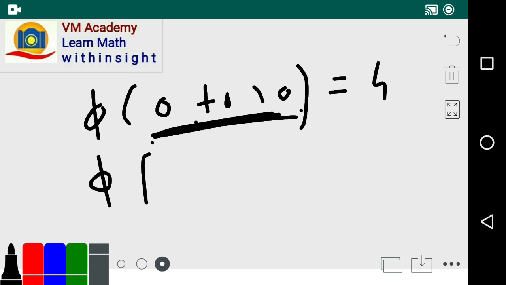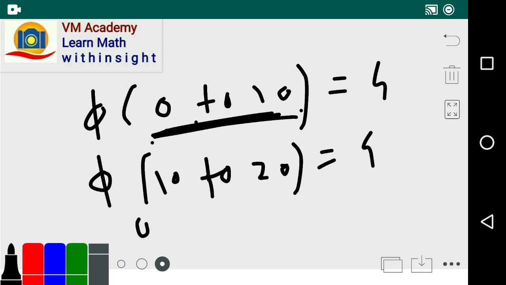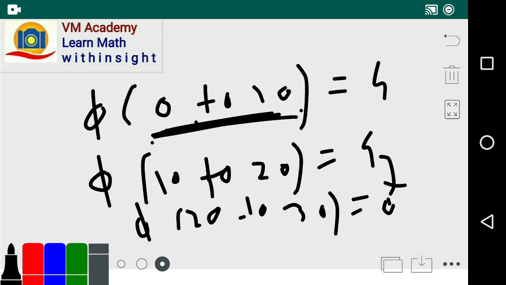Similarly, phi for the next interval, 10 to 20, is also going to be 4, and for 20 to 30 it is also the same as phi of 10, that is 4, friends.